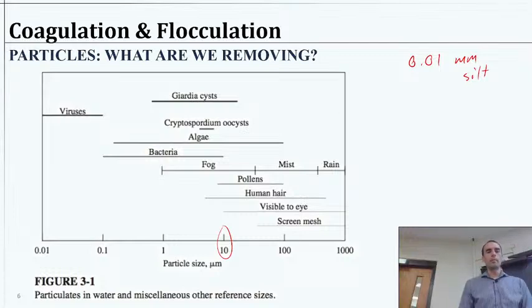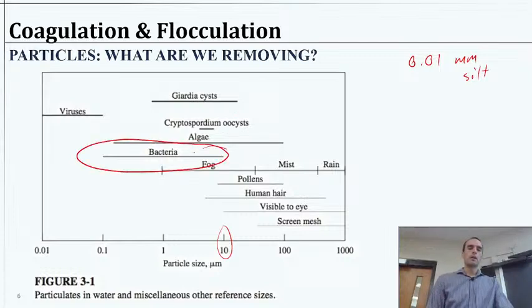So you can get some idea, right? What is the size of the silt particle? Maybe you could just barely see an individual particle like we were talking about last time. Probably not really.